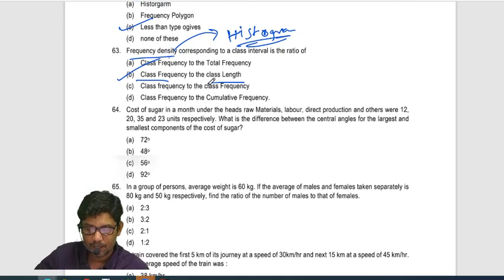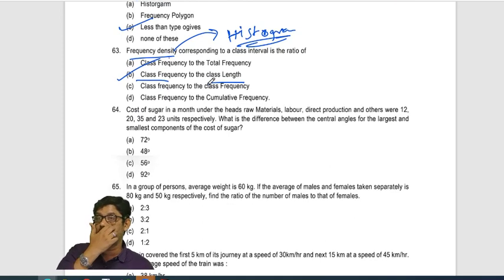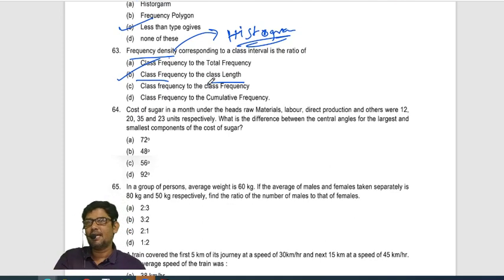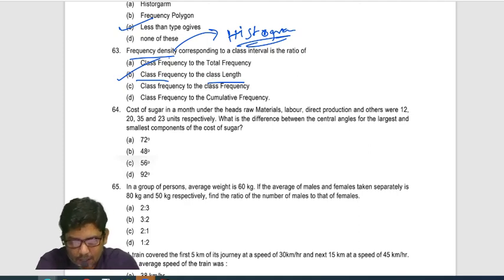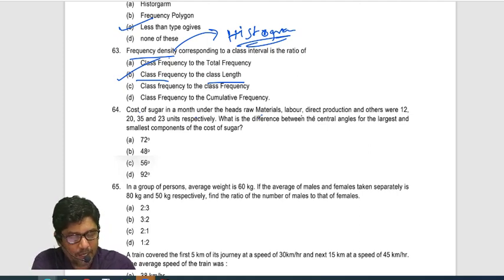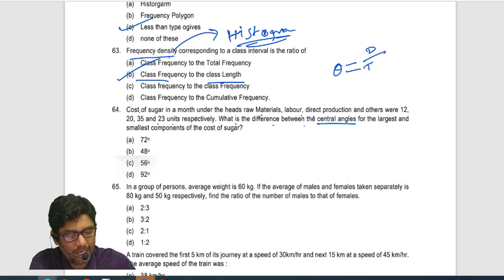Now, this 64th question, many times they are asking the same question. The cost of a month under the heads of materials, labor, direct production and others were 12, 20, 35, 23 units respectively. What is the difference between the central angles? What is the central angle formula? Data by total into 360.